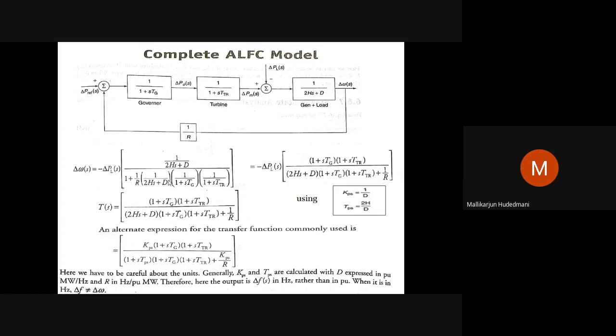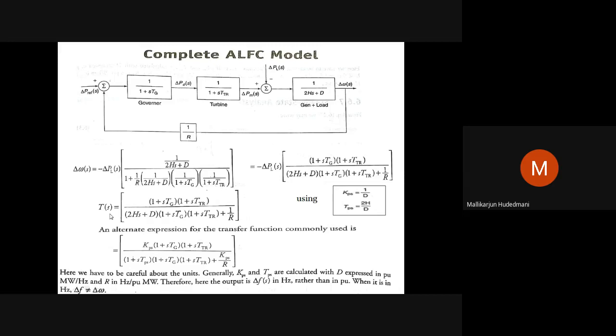On the other side you can see 2Hs plus D in a bracket, and outside the bracket one more, 1 plus sTg, and another bracket 1 plus sTr, plus only 1 by R. The entire term goes to the numerator and the numerator term comes to the denominator. 2Hs plus D, 2Hs plus D cancel away. What remains in the numerator is only 1 plus sTg, 1 plus sTr, and this denominator got simplified. So this is how the simplification is taken up here.